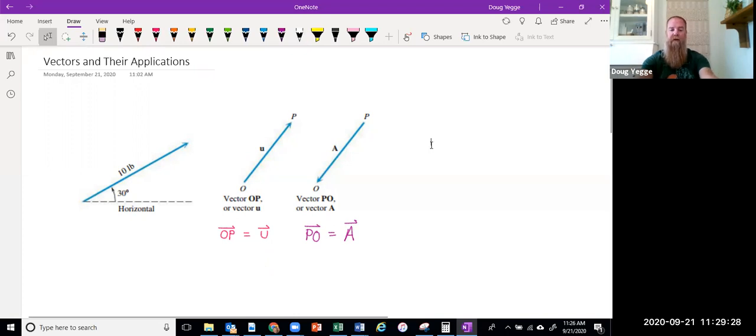So in general, when you are graphing vectors, if I were to label this vector, then this is my initial point here, and this is my terminal point.